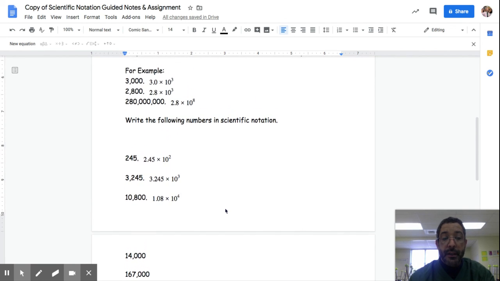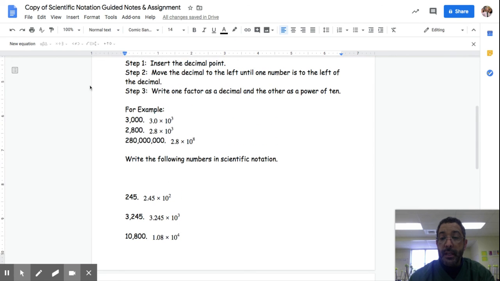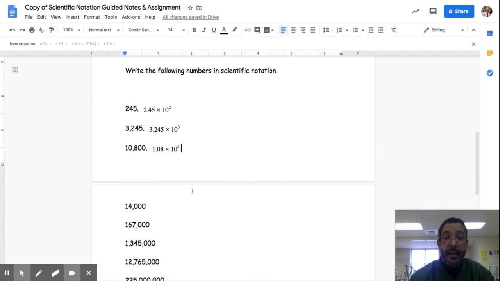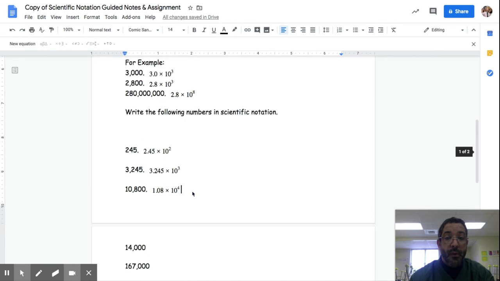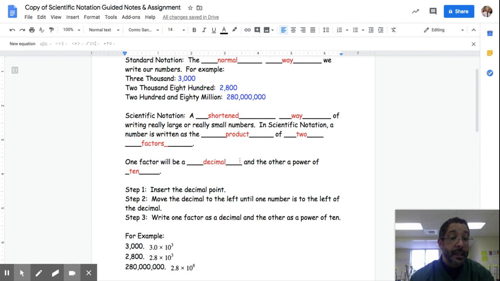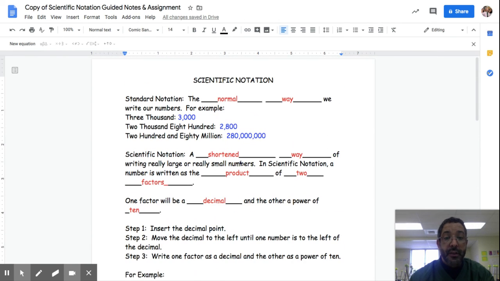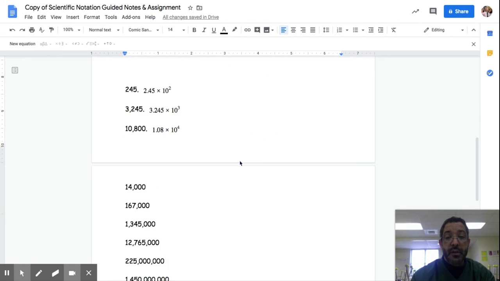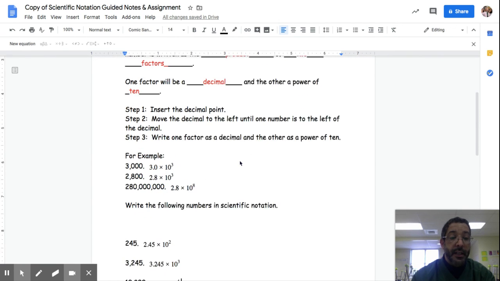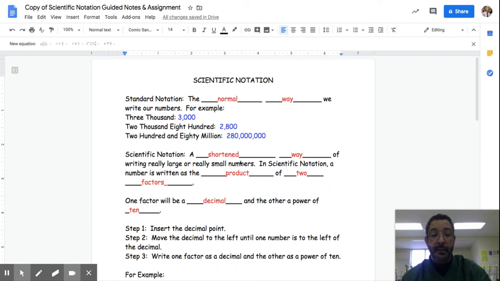And like I said earlier, if it's too cumbersome for you to use this equation tool, then you can simply write it on paper and turn it into me that way, but you still have to submit your guided notes as well, because your entire grade for the day is based on your guided notes and the work that you do down here. All right, so again, send me a message if you have any questions.